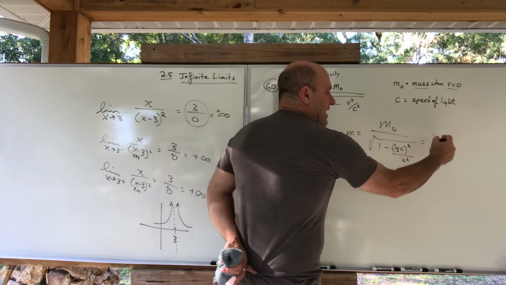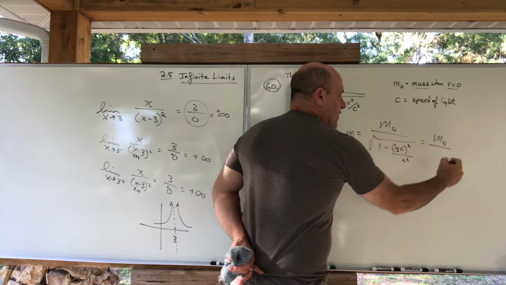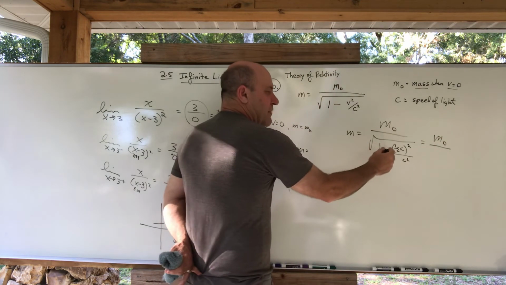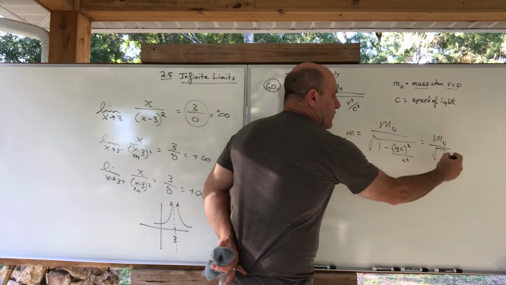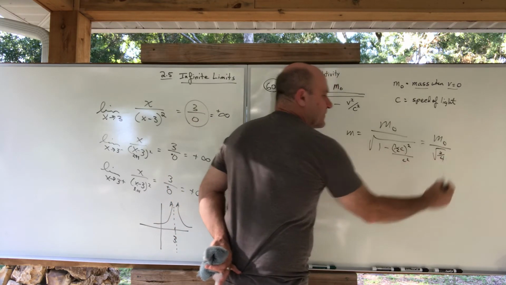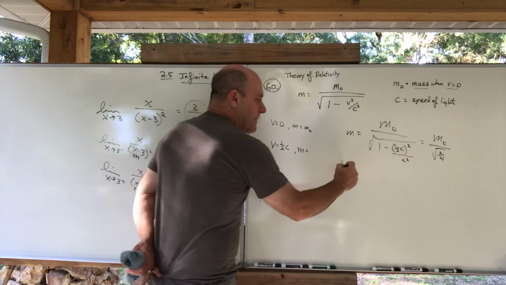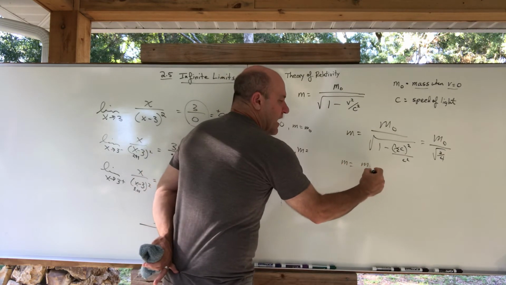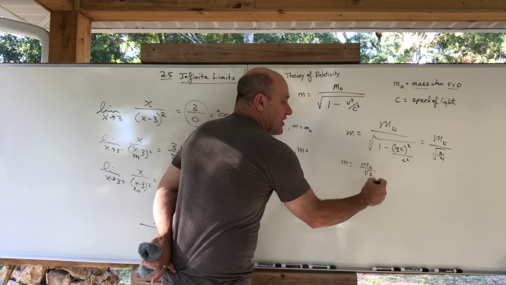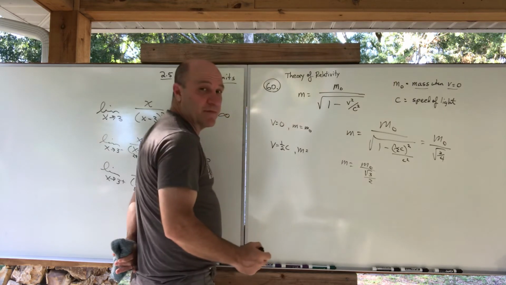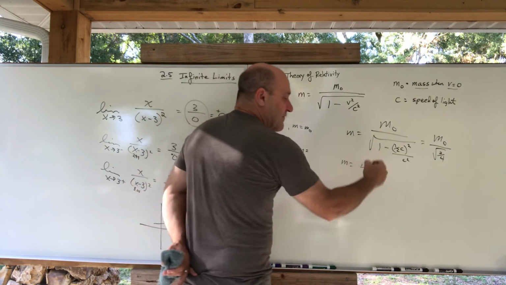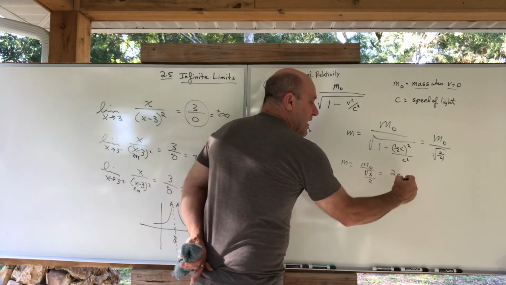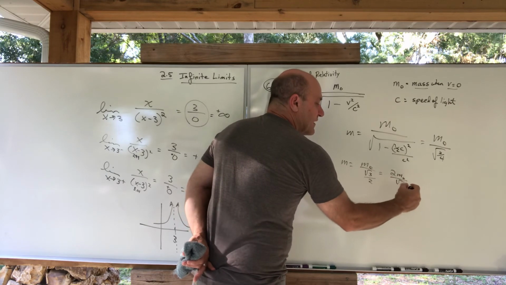So I just got m naught over the square root of 1 minus 1/4, the square root of 3/4. Or m naught over the square root of 3 over 2. Or, if I flip that up, 2 m naught over the square root of 3.